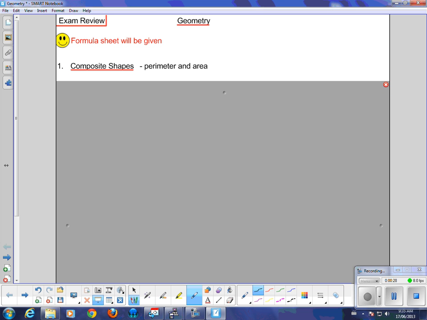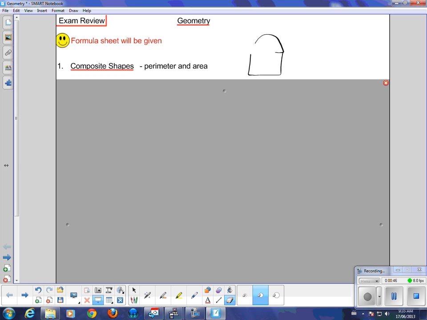So the first thing that you need to be able to do is composite shapes, both their perimeter and area. So again, this is something you did in grade 9, not too bad. So for instance, if I have a shape that looks like this, and I ask you to find the perimeter, in most cases, the perimeter is not going to include the middle part.